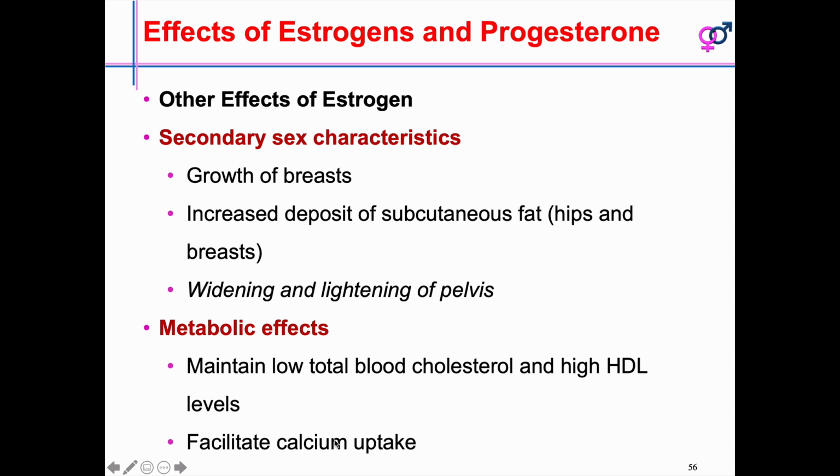So what happens, females until menopause have good calcium absorption from the food. After menopause, if estrogen is not produced in the female body, the calcium uptake level is reduced, and thereby the female bones go for osteoporosis.